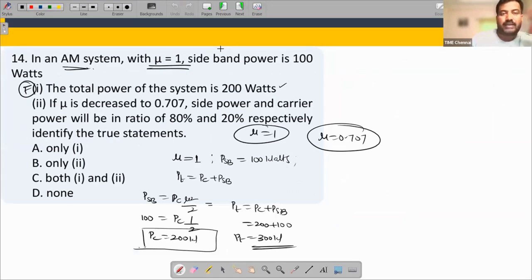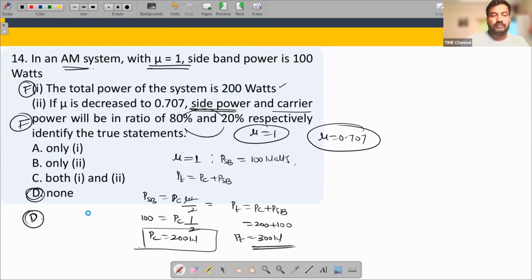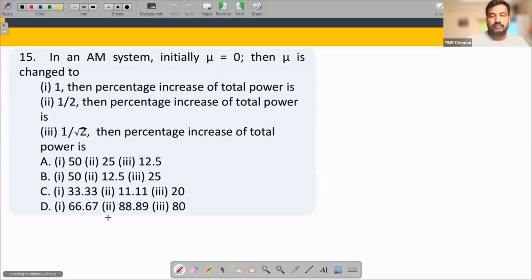The statement is marked reversely. The sideband power and carrier power, it should be 20 and 80 then. It is reverse. That's why it is false. Numbers are okay, but they're reverse. Option D is the answer. Yeah, find this.